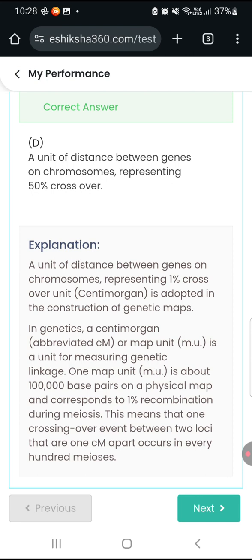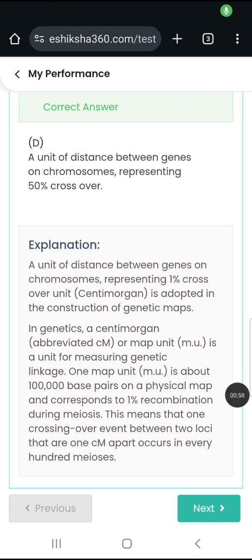In genetics, a centimorgan, abbreviated cM, or map unit mu, is a unit for measuring genetic linkage.